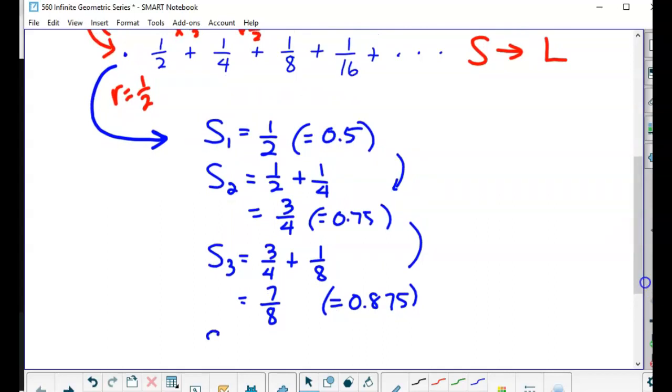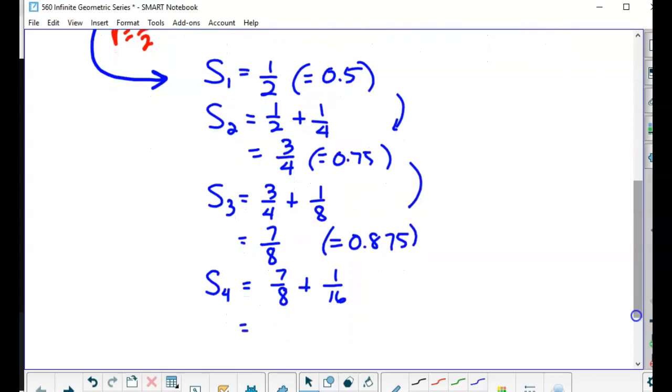Okay, and then let's do one more. S4 would be 7/8 plus 1/16. So that's 14 plus 1 is 15/16. So you can see the numerator is always 1 away from the denominator, but as the denominator gets bigger, that means that that difference is getting smaller.